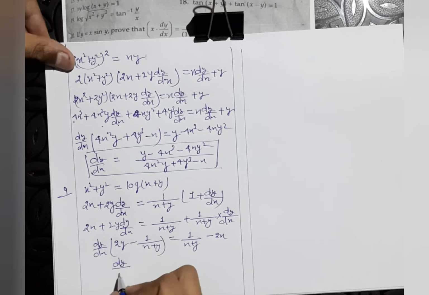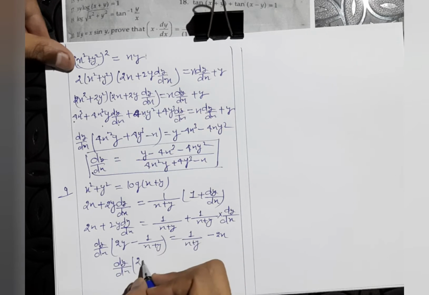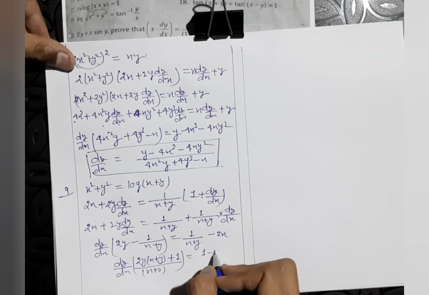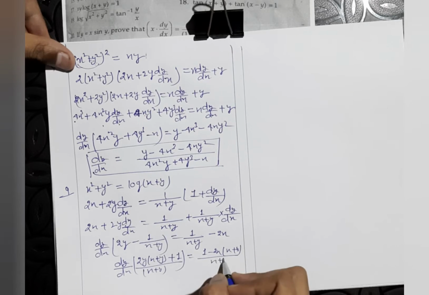Taking LCM (x + y), it will be multiplied with the 2y. So this is (2y(x + y) − 1) divided by (x + y) equals (1 − 2x(x + y)) divided by (x + y).